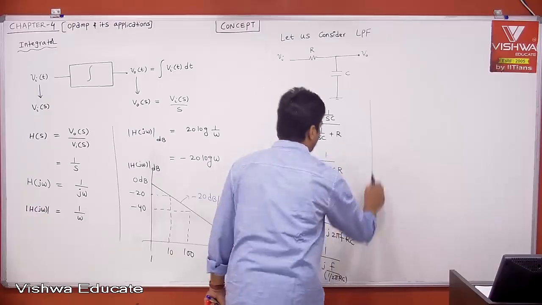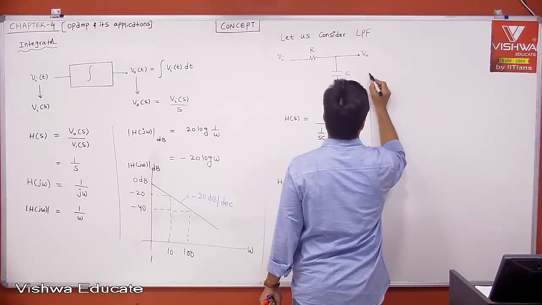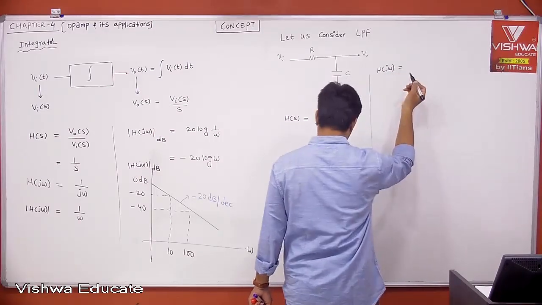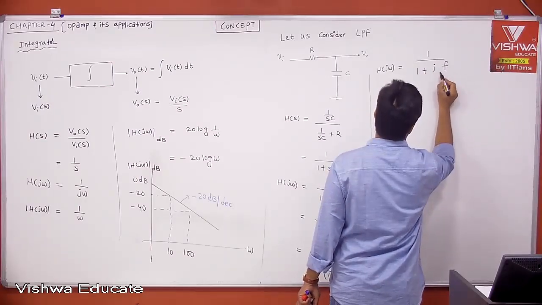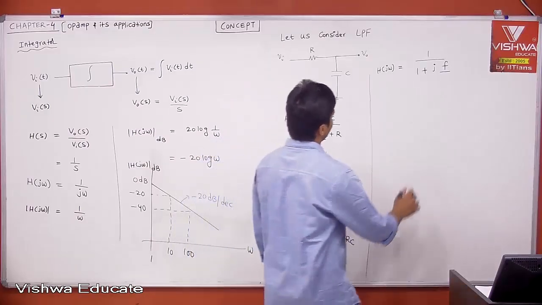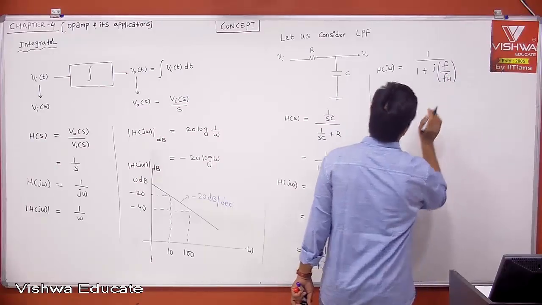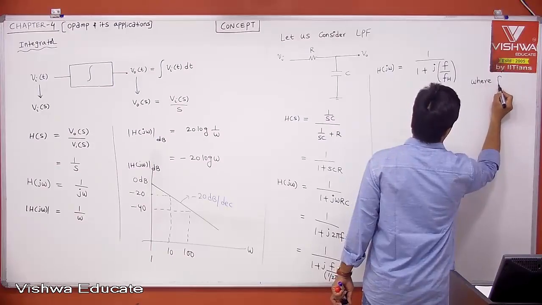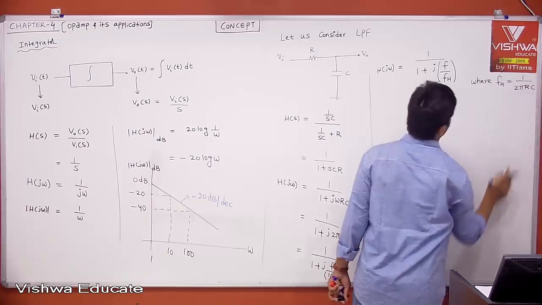Therefore, H of J omega is equal to 1 divided by 1 plus J into F divided by 1 by 2 pi RC. In this case, it is called FH, higher cutoff frequency, where FH is 1 by 2 pi RC.